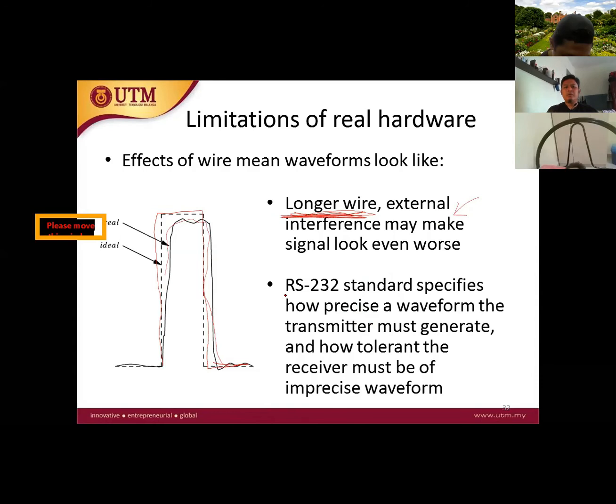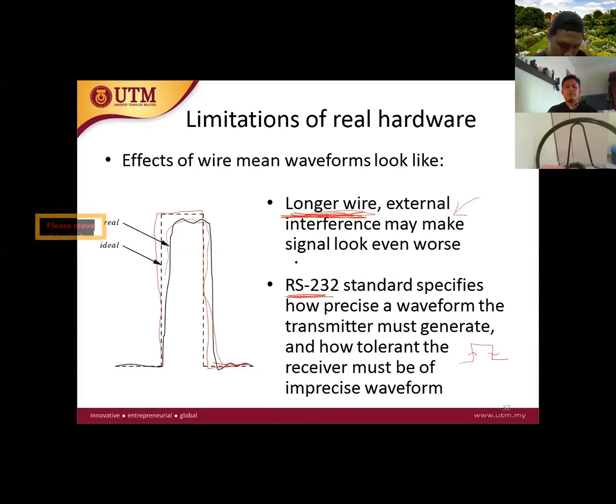So RS-232 specifies how precisely a waveform must be generated, and it specifies the rate.